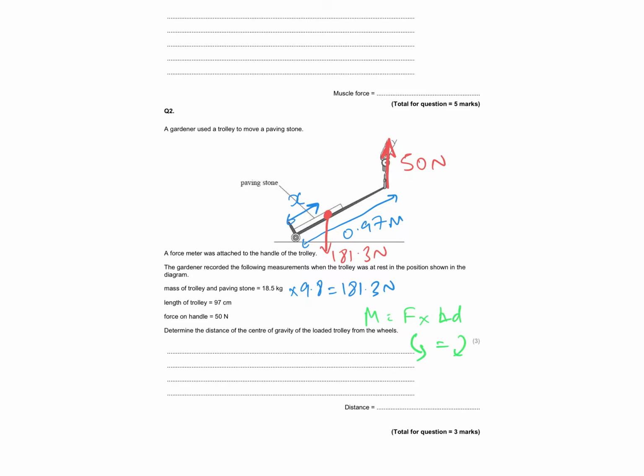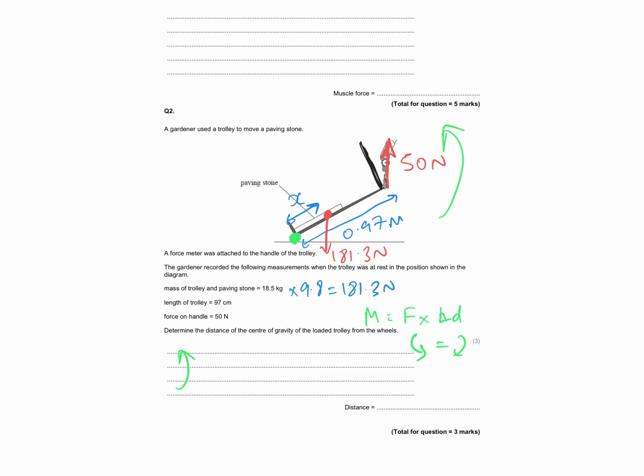If we start with the slightly easier one maybe, let's start with the 50 newtons and work out what the anti-clockwise moment is there. So that one's forcing it round the pivot, which is here, in an anti-clockwise direction. We're trying to find the force at right angles to it.